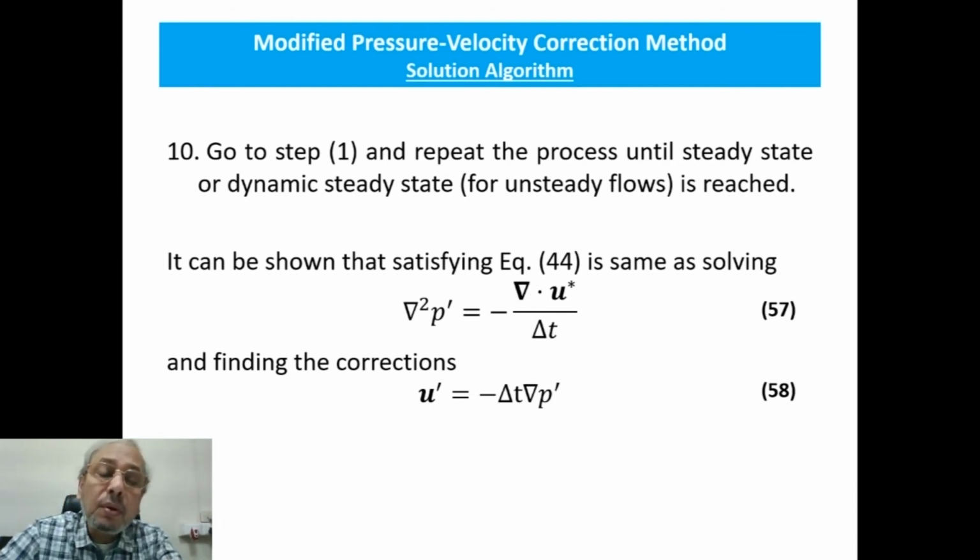It can be shown that satisfying equation 44, that means the summation of the mass flux correction equal to the summation of F star over all surfaces, will be basically close to zero.